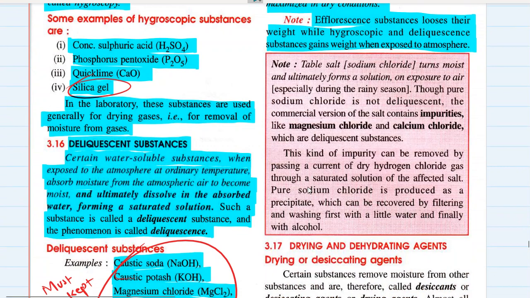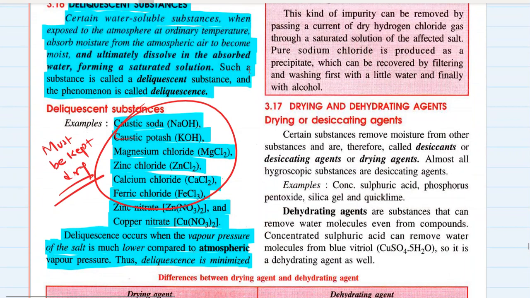If you want to do an experiment, you can do it with table salt, that is sodium chloride. What does it do? It turns moist and ultimately forms a solution on exposure to air, especially during rainy season. So this is a very good season for experimenting with sodium chloride and proving that it has some deliquescent substances in it. See, sodium chloride is not part of the deliquescent substance list which we just saw.